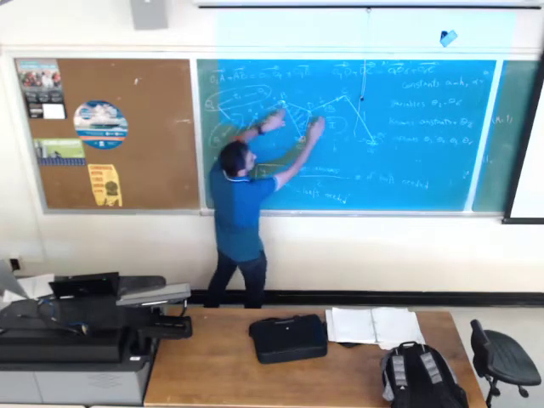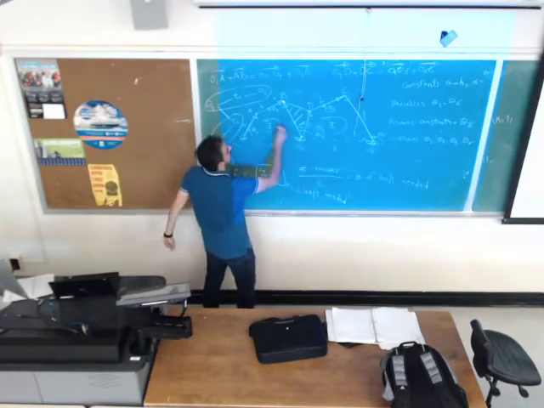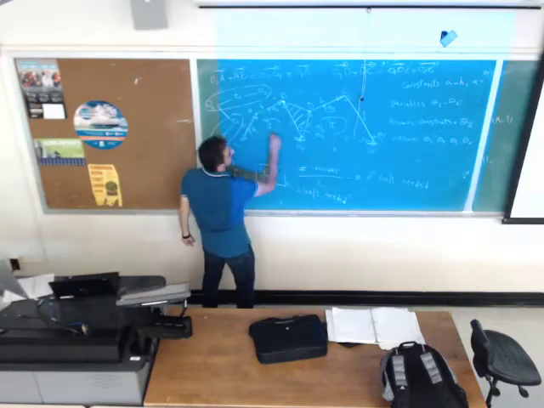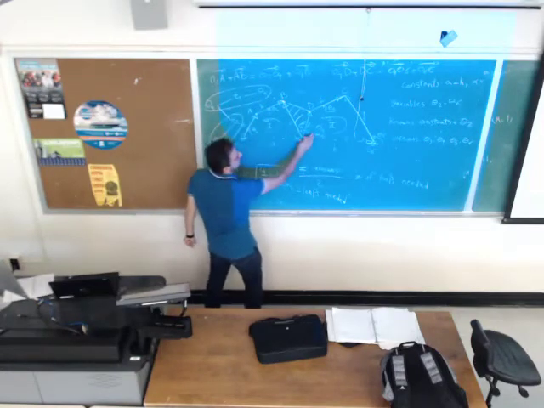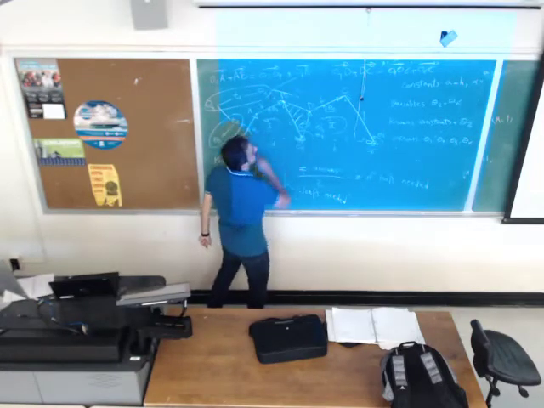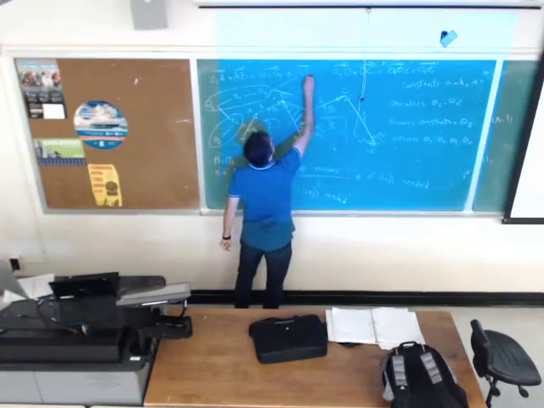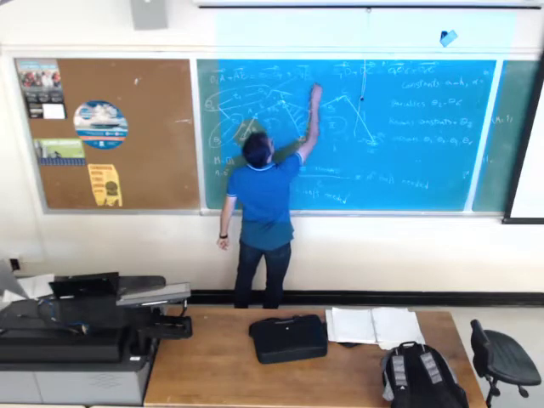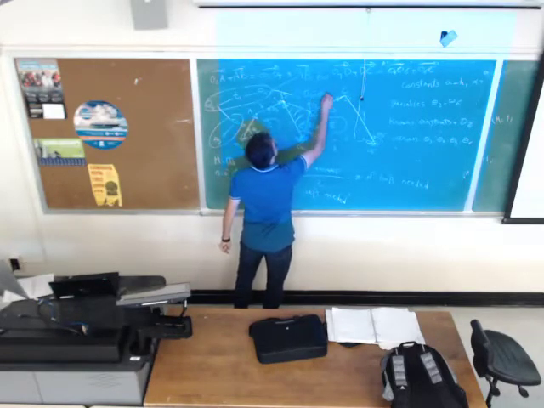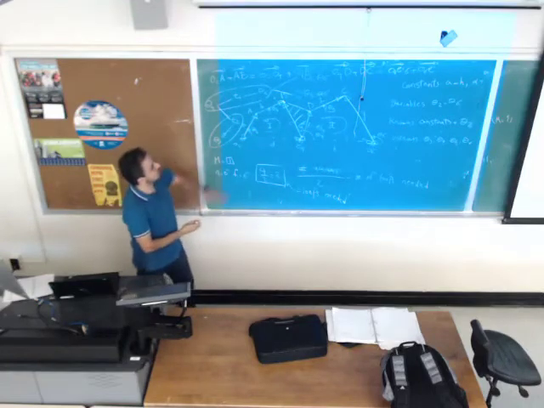For this set of data, I may get 2 modes here, and for this set of data, you may get another 2 modes right here. So 1, 2, 3, 4. You can get up to 4.